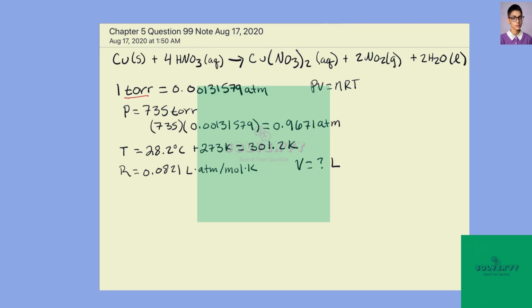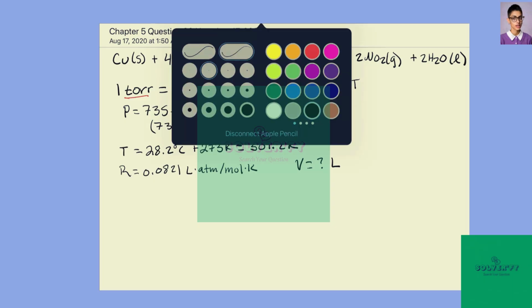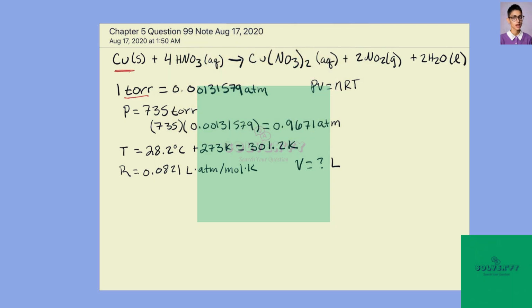Alright, so to first start this problem, we have to figure out what our limiting reagent is, whether it be the copper or whether it be the HNO3. So to do this, they give us a volume for our copper. So we're going to figure out the moles of copper.